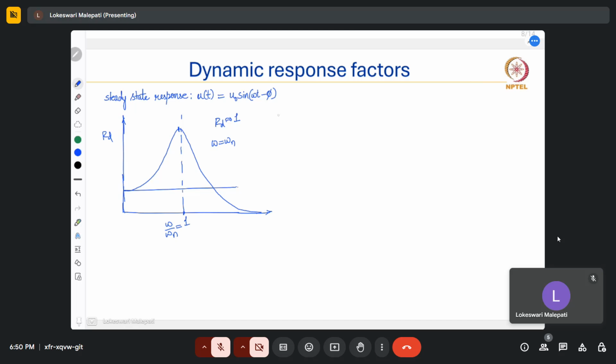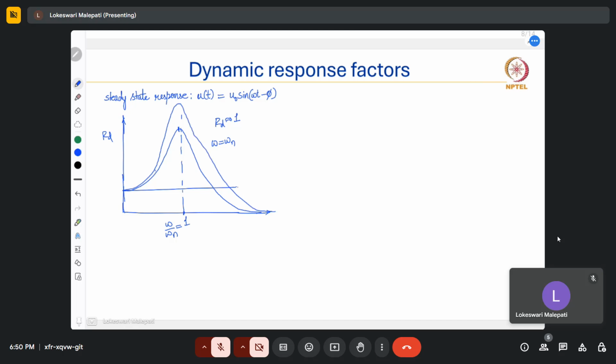And this is for a certain damping ratio. If the damping ratio is reducing again, it will be something like this.